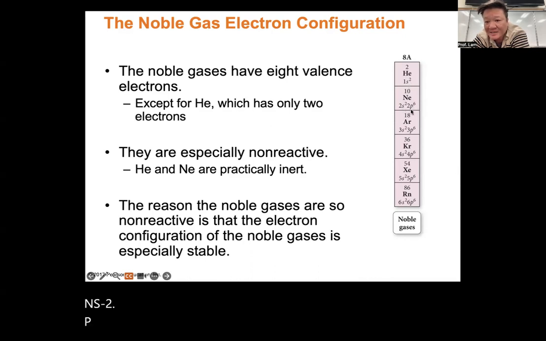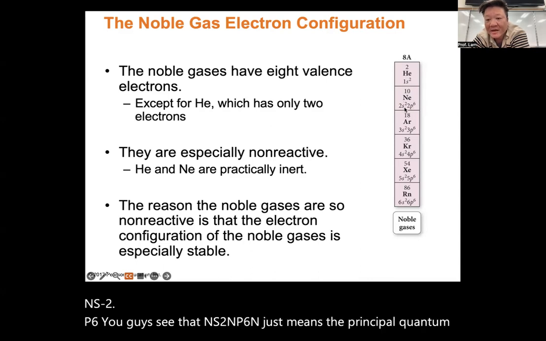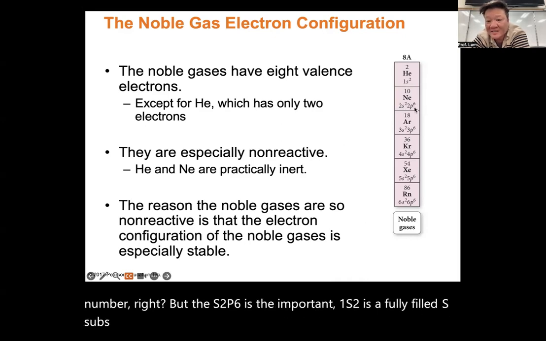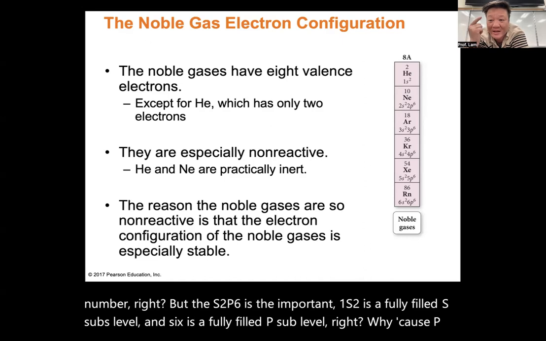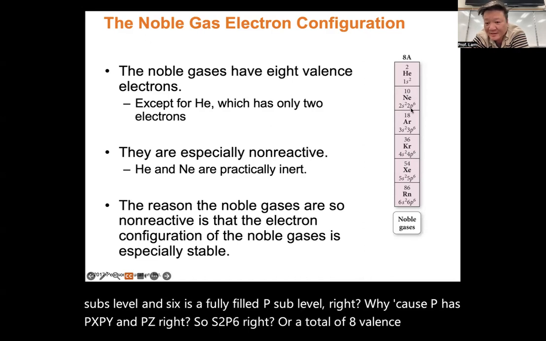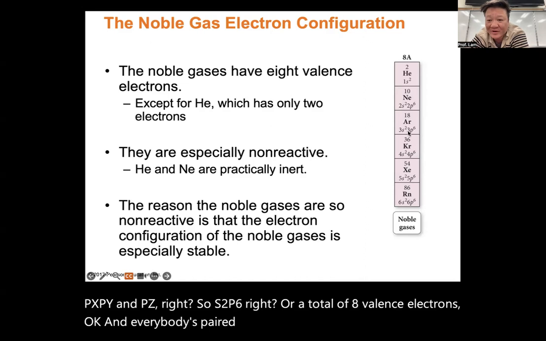You guys see that? n just means the principal quantum number, right? But the s2 p6 is the important part. s2 is a fully filled s sublevel, and 6 is a fully filled p sublevel, right? Why? Because p has px, py, and pz. So s2 p6, or a total of 8 valence electrons. And everybody's paired up, so it's very, very stable.